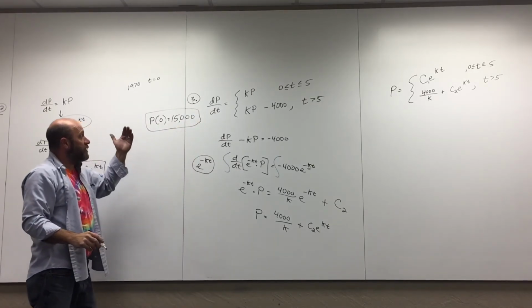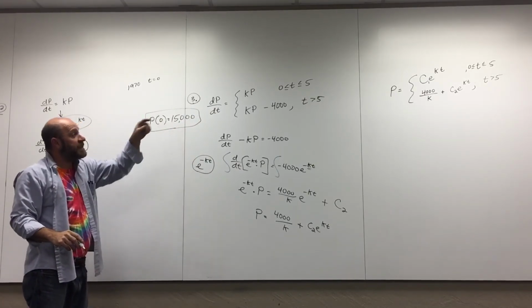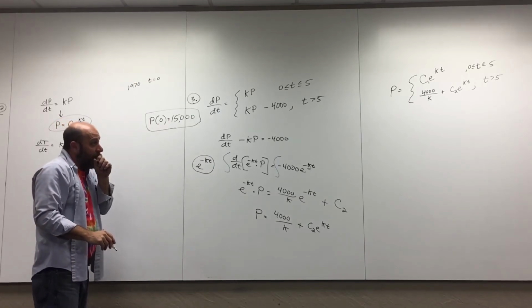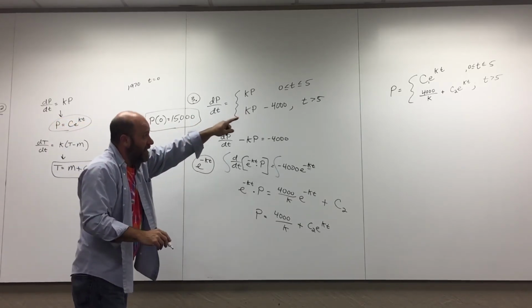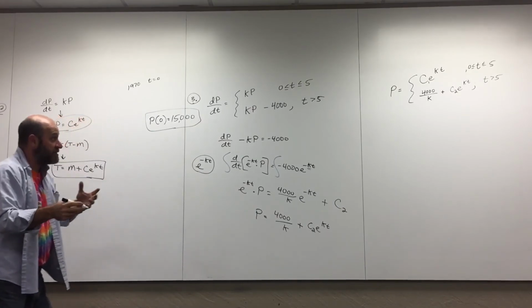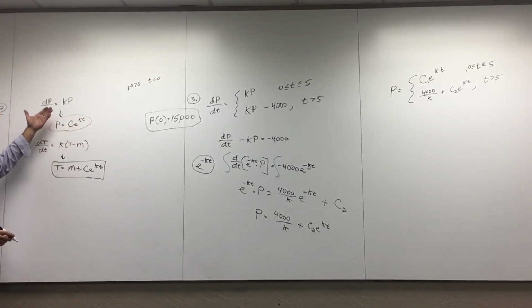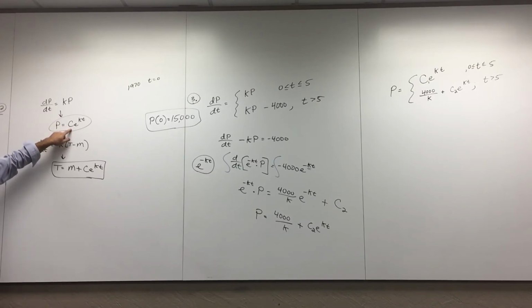Well, of course, you can use that probably to find C, that first C. In fact, maybe you recall, I said this last week, in these population problems, that C is always the initial population. So it's 15,000.